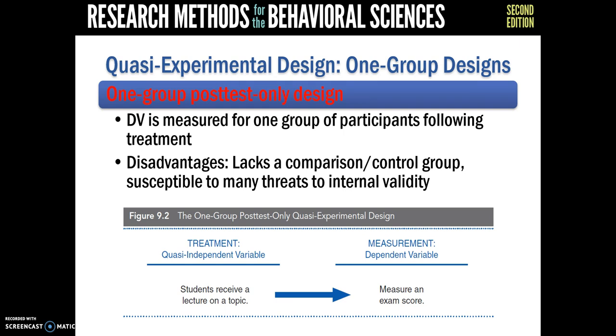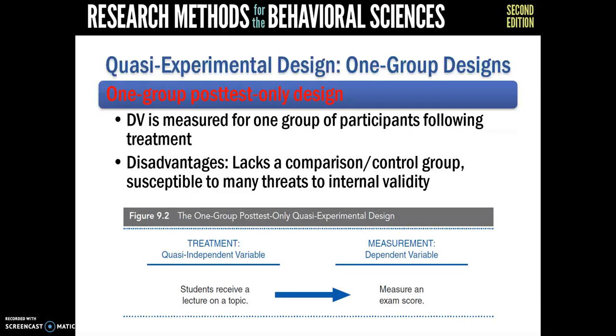That would be a quasi-experimental design. We look at the exam score at the end of the class. As you can see, the disadvantage is that there's no comparison group. There's nothing to compare with. You just take the test at the end to see how well they know the material.